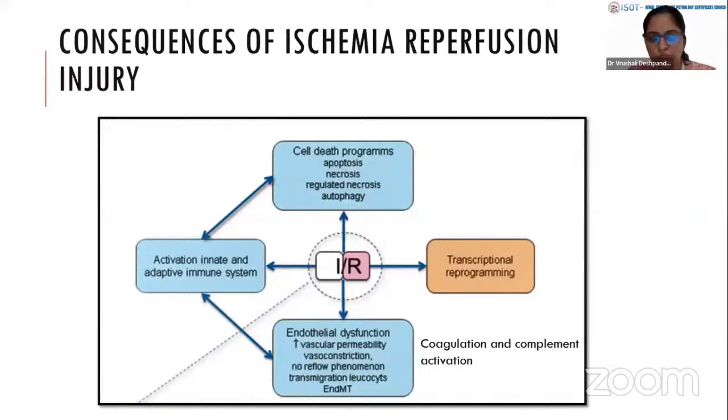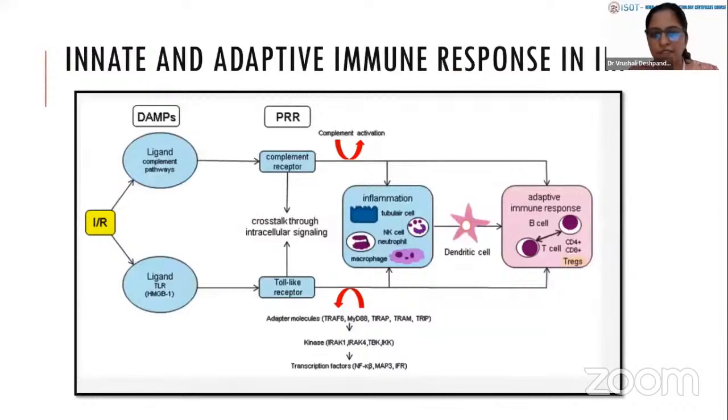As we know, the tubular cells and the endothelial cells in a kidney are very much prone to ischemic insult. Now, we know our body has a mechanism for handling any injurious insult. And in response to injury, it reacts in the form of inflammation.